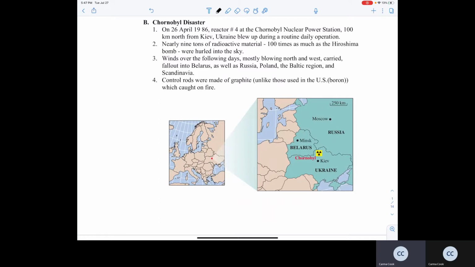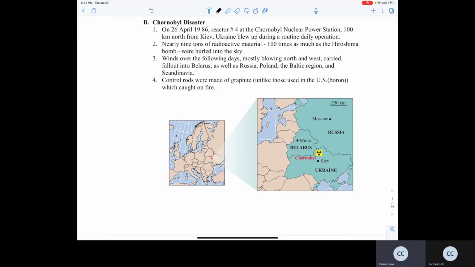In the nuclear reactor, the control rods help control the rate of the nuclear reaction. And it's very important what type of material the control rods are made of, because you want them to be the least reactive or flammable as possible.